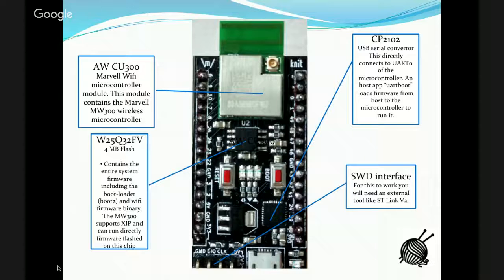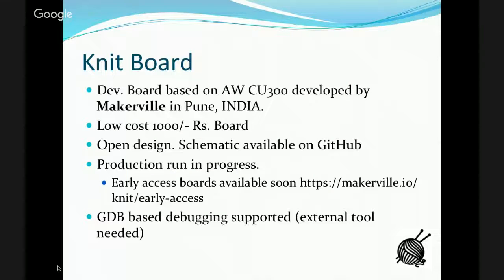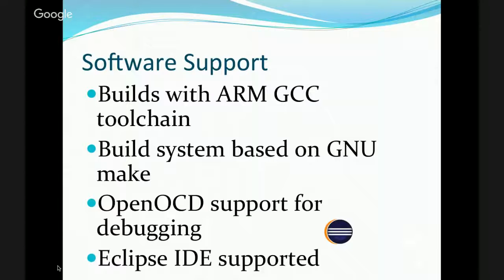You can connect your serial terminal on your PC to this board to have a debug console. This is just information about it. This slide will be available online, so you can have a look later.